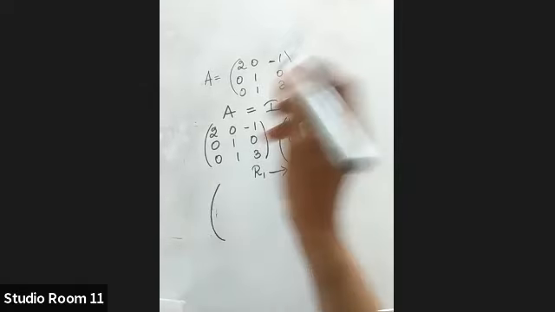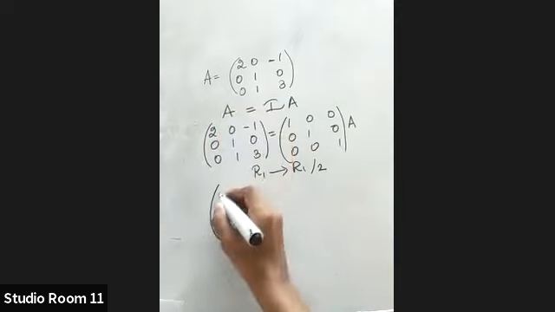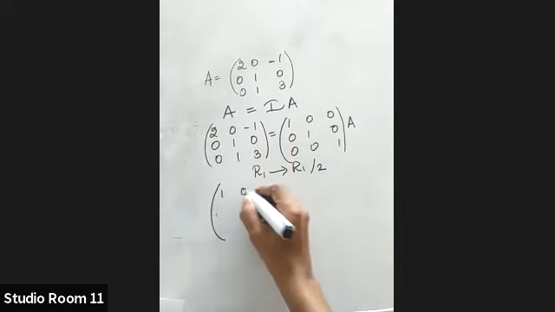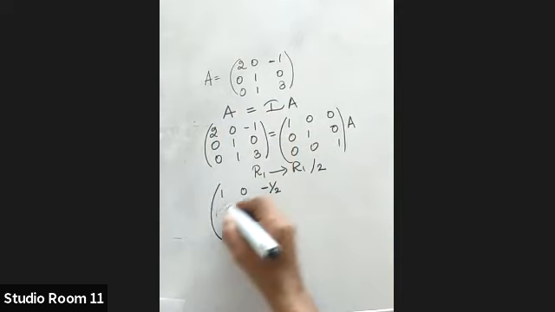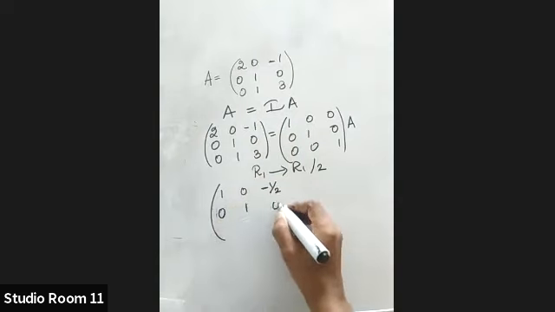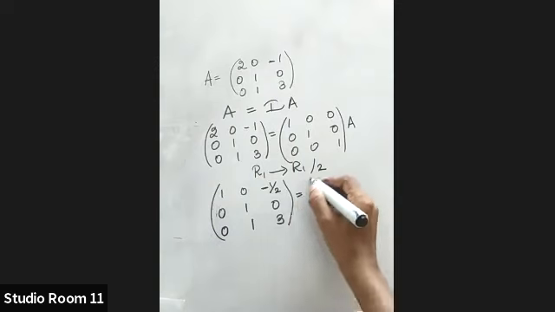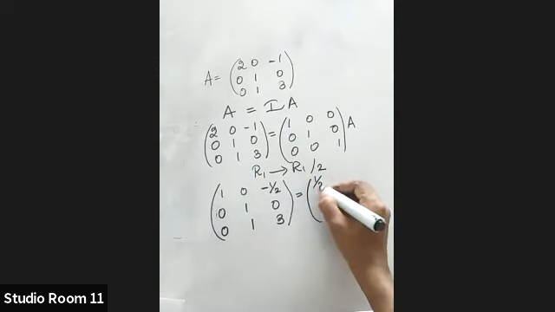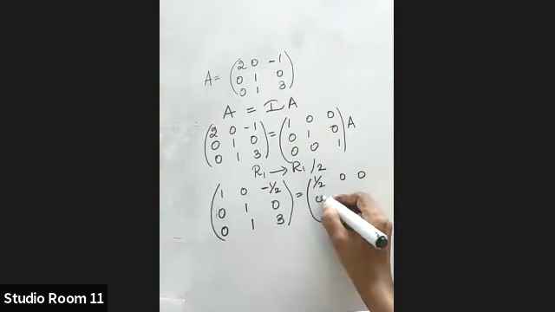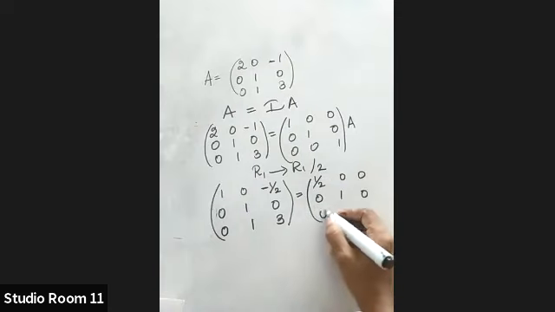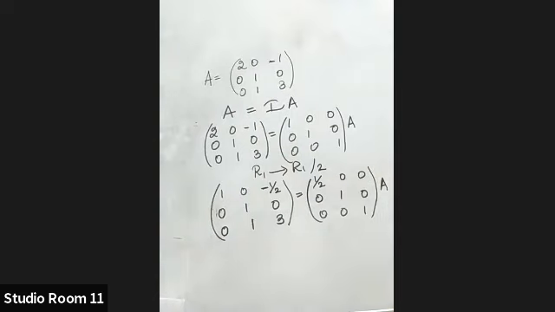So first row, we divide it by 2. When you divide it by 2, it will become 1, 0, -1 by 2. No changes in the other rows, only the first row. So 1 by 2, 0, 0, 0, 1, 0, 0, 0, 1 into A.